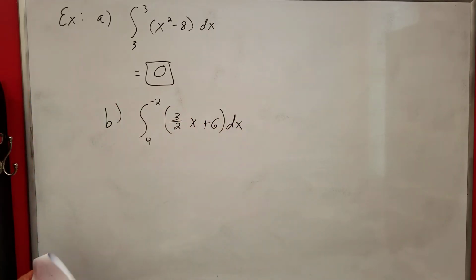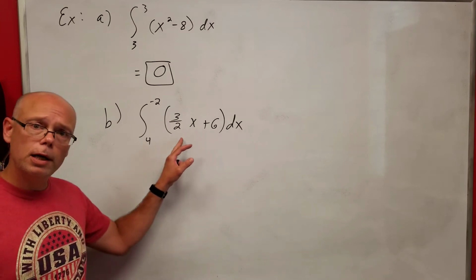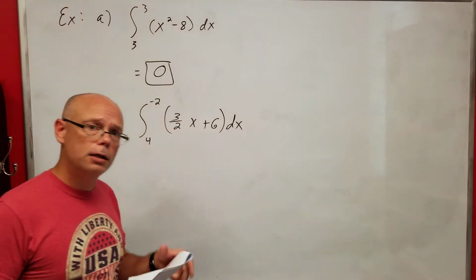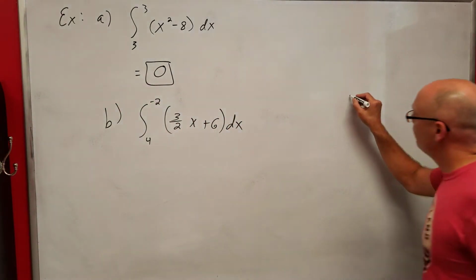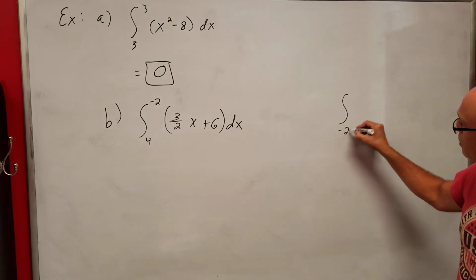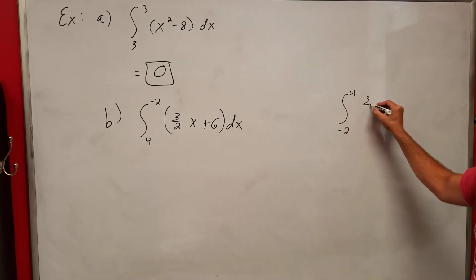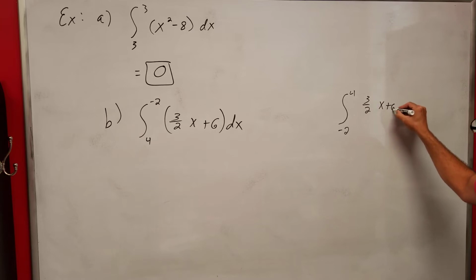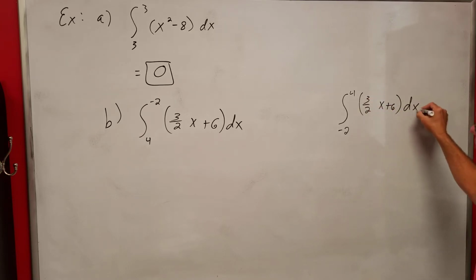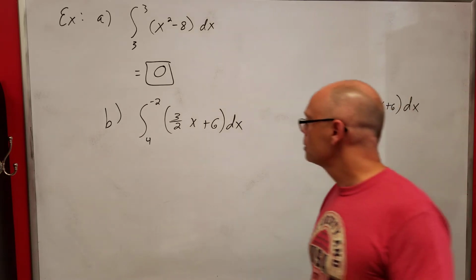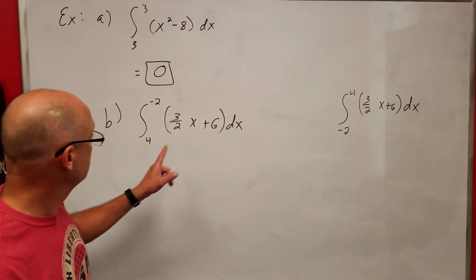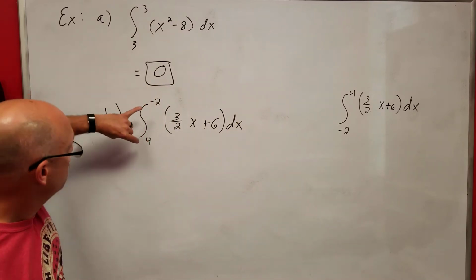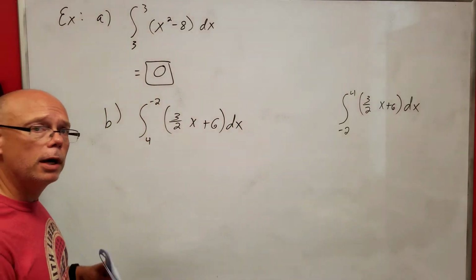All right, this looks a lot like one of the integrals we had at the very beginning of this section. In fact, we had this, the integral from negative 2 to 4 of 3 halves x plus 6 dx, didn't we? Yeah. So what's the difference between what we had earlier and what we have now? My limits of integration are opposite, right?